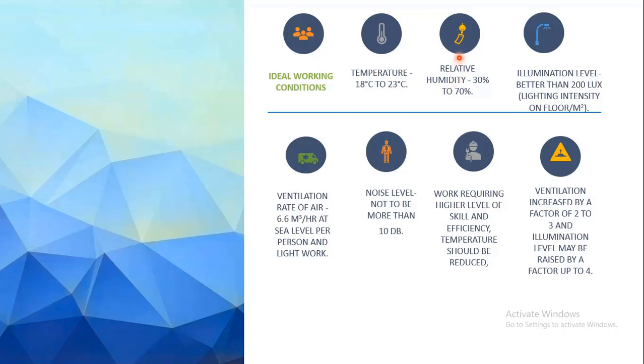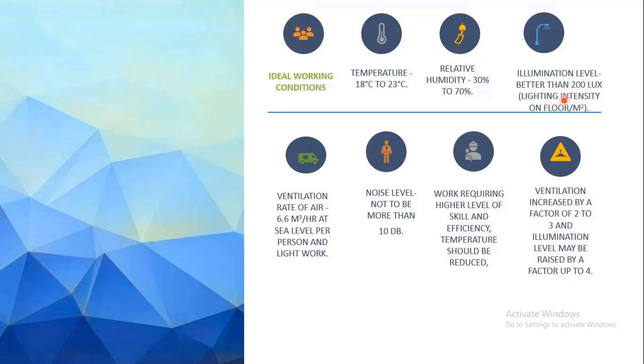Relative humidity. What is the ideal range? The ideal range is around 30% to 70% humidity. As far as light is concerned, in the daytime there might be sufficient sunlight available, but if you are working on a shop floor, there has to be some artificial light, and the illumination level has to be better than 200 lux, meaning lighting intensity on the floor per square meter.